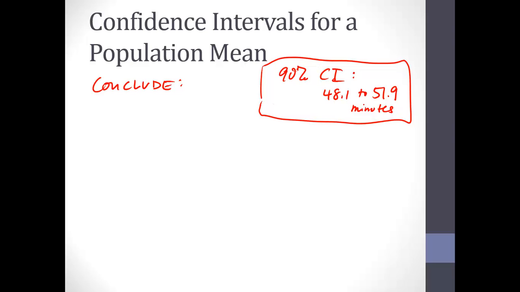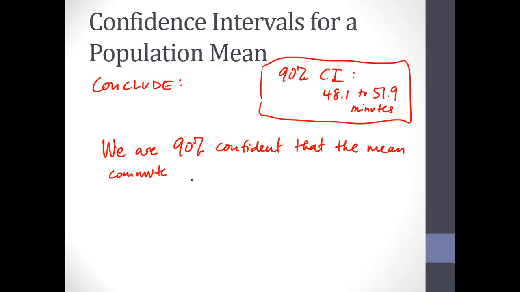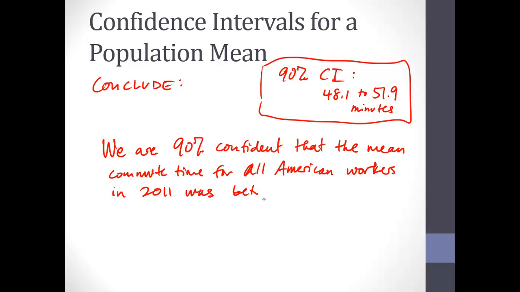So again, we have a very specific way we want to interpret this. So how we'll say this is that we are 90% confident that the mean commute time for all Americans, let's say all American workers in 2011, was between 48.1 and 51.9 minutes.